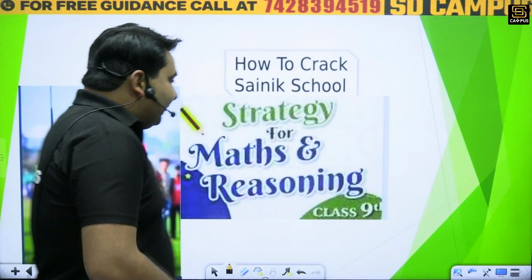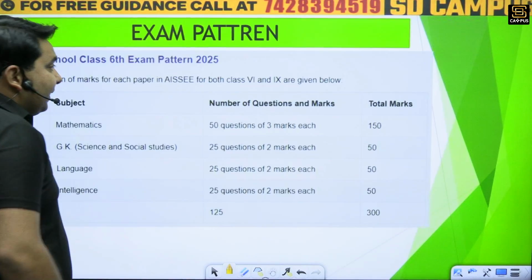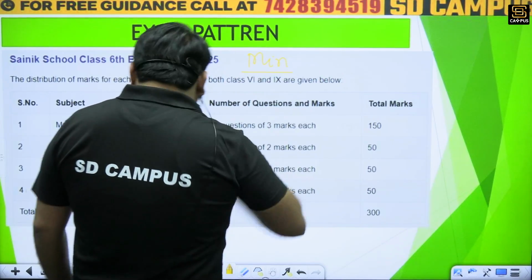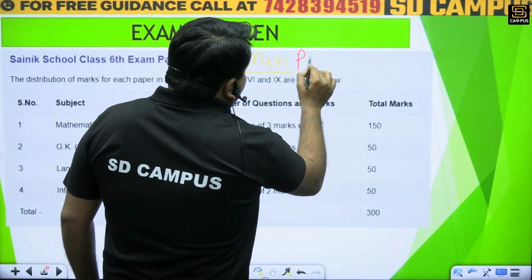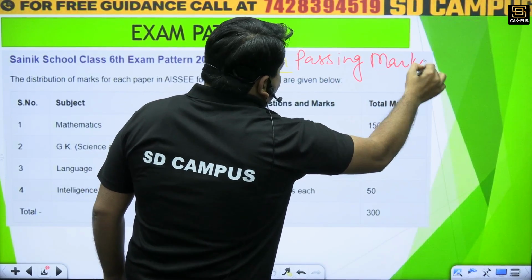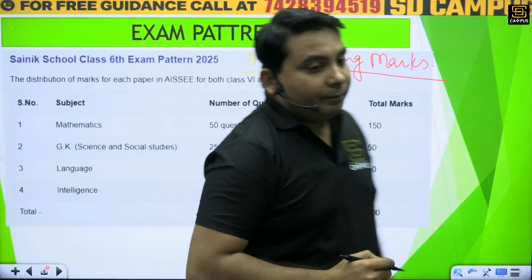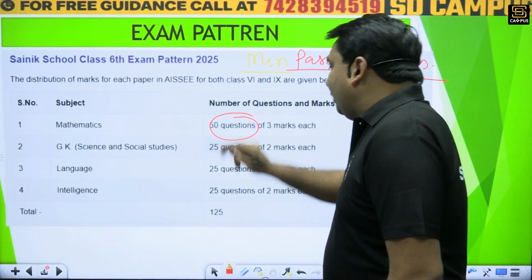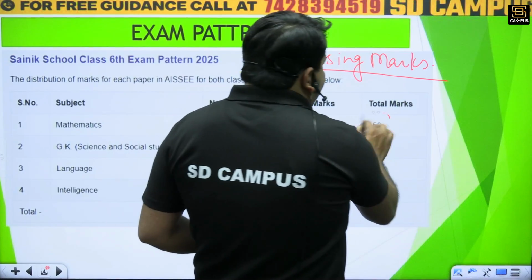First of all, we will discuss the minimum qualifying marks or passing marks of maths and reasoning in the All India Sainik School exam. Mathematics has 50 questions and each question is of 3 marks, and the total marks is 150.